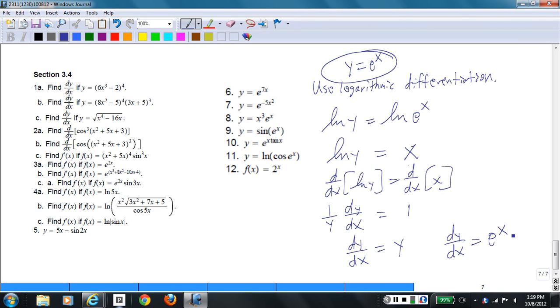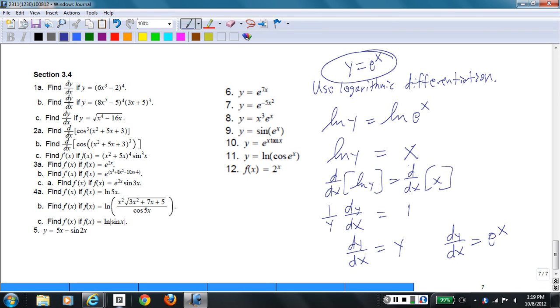So e to the x is kind of a cool function, because the slope of the tangent line to the graph at any point is equal to the y coordinate of that point. The derivative of e to the x is e to the x. What's the second derivative of e to the x, do you suppose? e to the x.